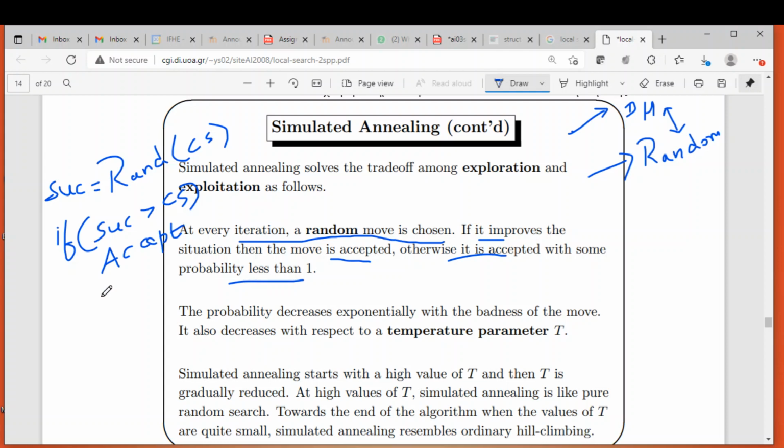Else, if the successor is not better than the current state, then we accept with a probability less than 1. So we may accept, but not every time. That's what the algorithm says.